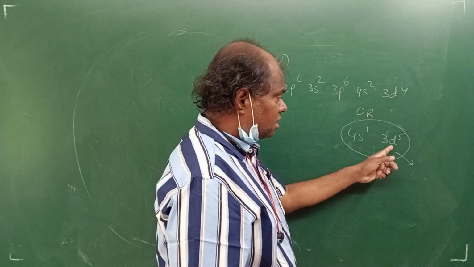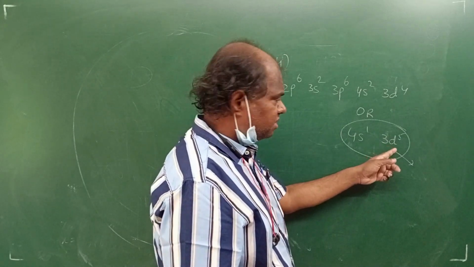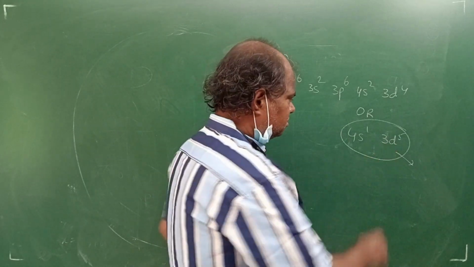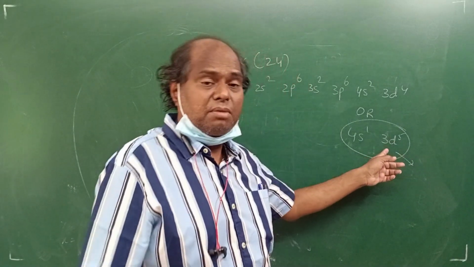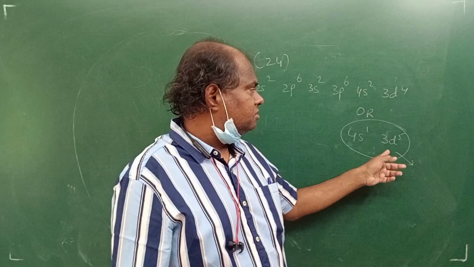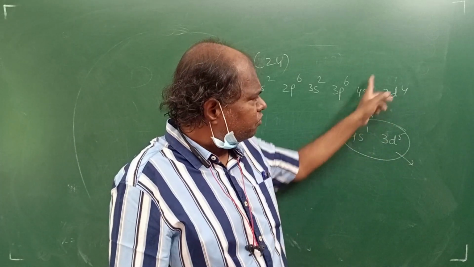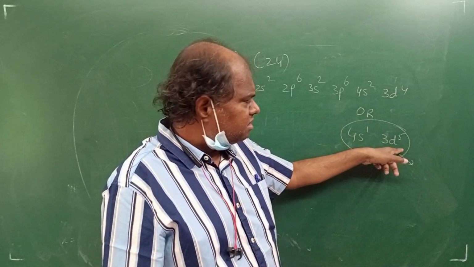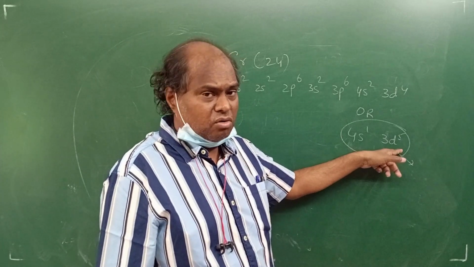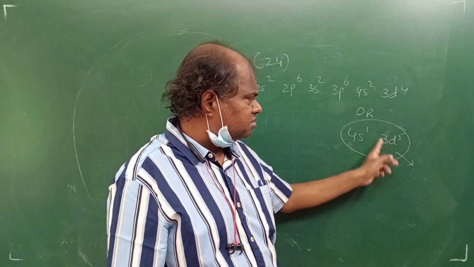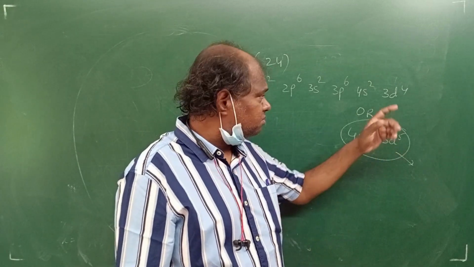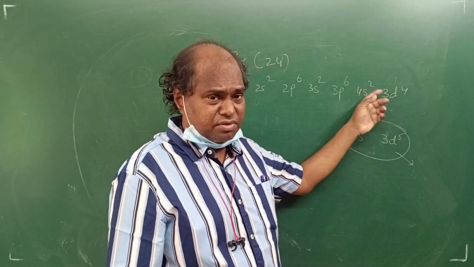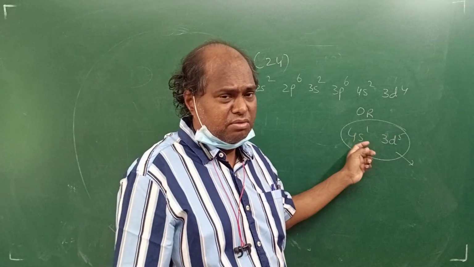This is correct because of the half filled orbital, 3d5. Half filled orbitals are more stable. So you are taking one electron from 4s and putting it into d, just to make it half filled. Stability will come. So please remember, 4s2, 3d4 is not the correct configuration. Please remember this, very important. So chromium will have a problem.